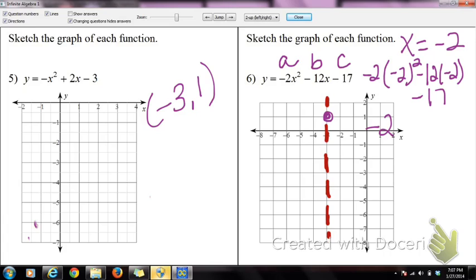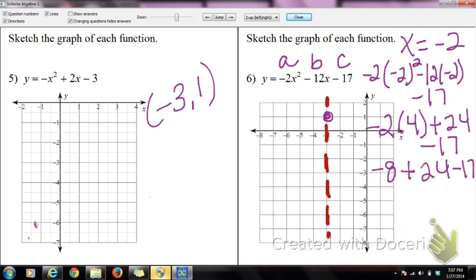So you have negative 2 times 4 plus 24 minus 17. Negative 8 plus 24 minus 17. Negative 8 plus 24 would be 16. Minus 17 is negative 1. So our coordinates are negative 2, negative 1.